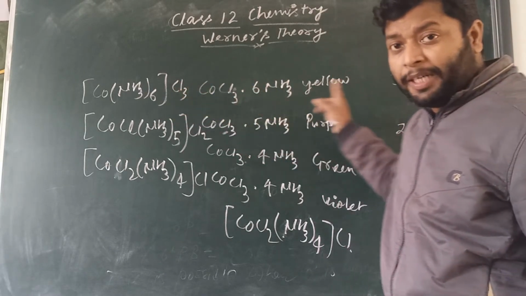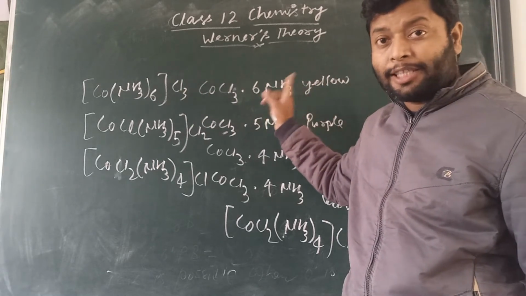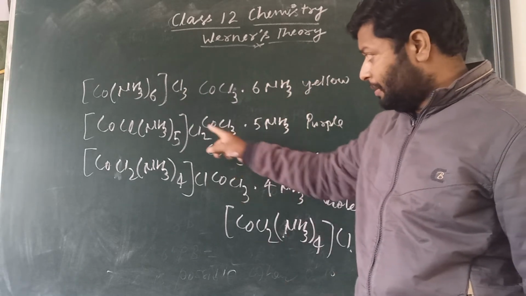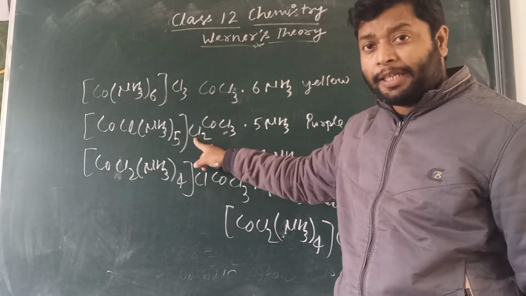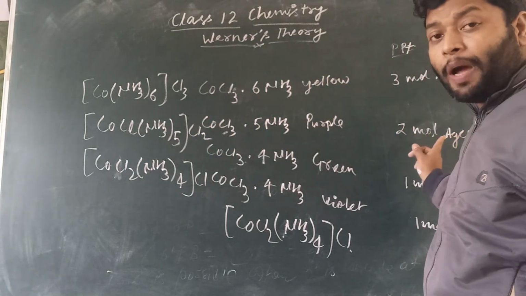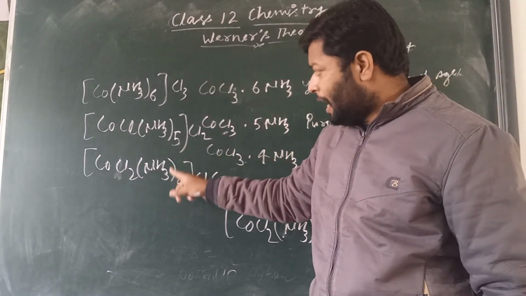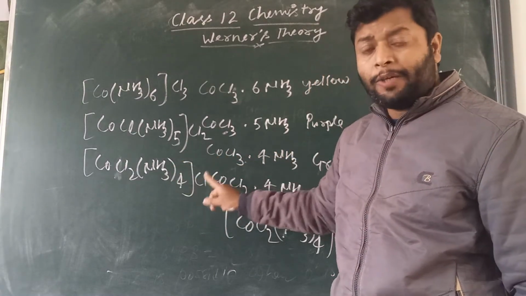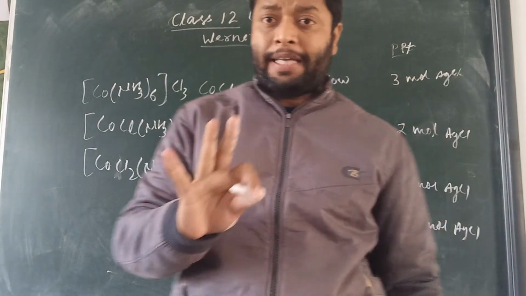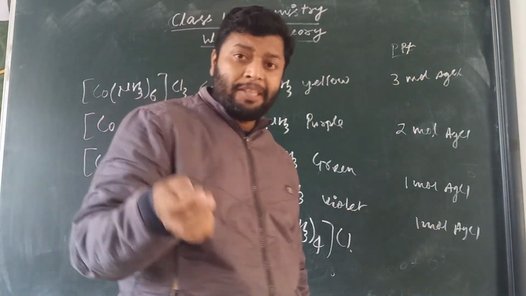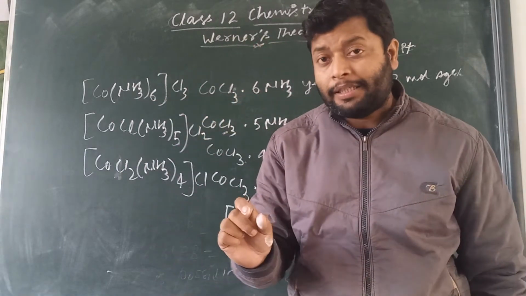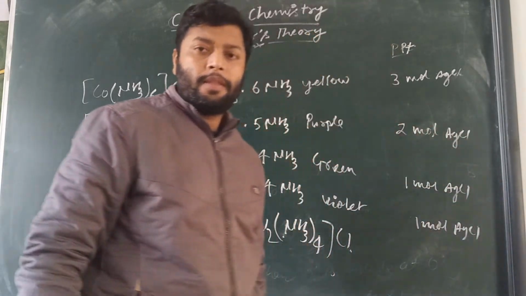They must be precipitated on passing the silver nitrate solution. But out of 3, only 2 Cl precipitated because we are getting only 2 mole of AgCl. And for the remaining, out of 3 Cl ions, only 1 Cl ion can be precipitated. So it must act like a primary valency or a counter ion.